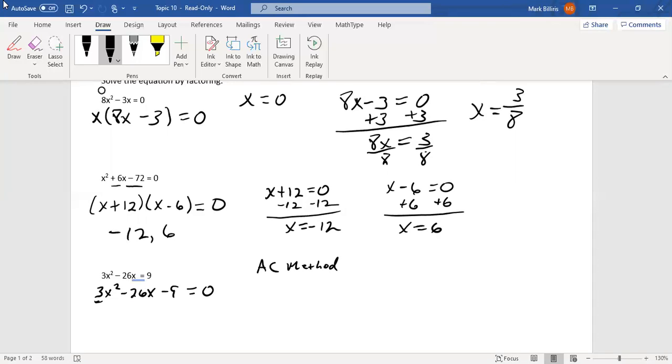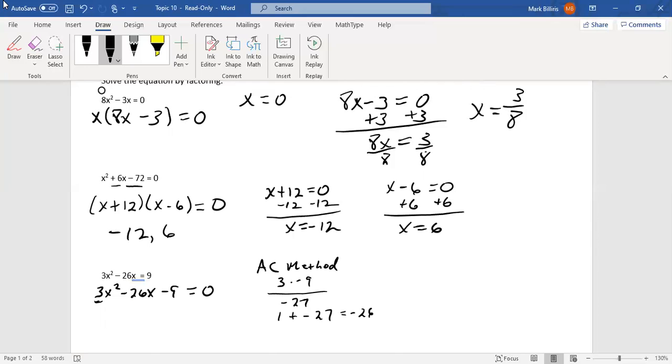What we do first is multiply our leading coefficient, which is 3, times our constant, in this case, negative 9, and that gives us a negative 27. So we're looking for the factors of negative 27 that add to a negative 26. We know that 1 times negative 27 equals negative 27, and 1 plus negative 27 equals negative 26, which is our middle term.